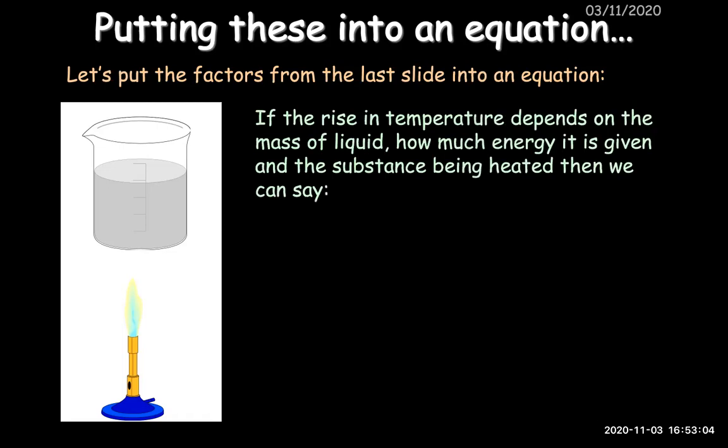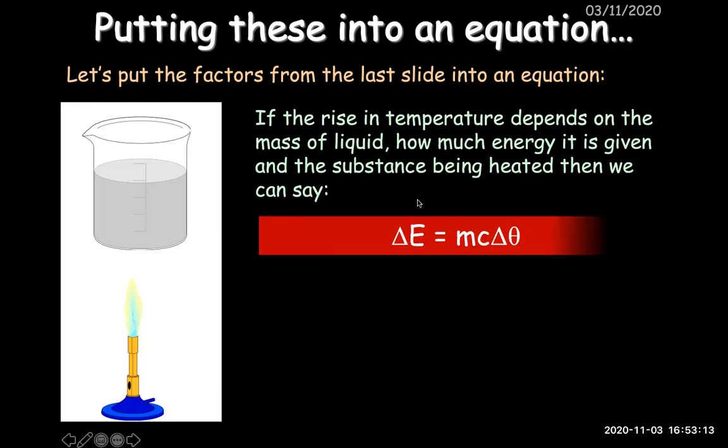Because if the rise of temperature depends upon the mass of the liquid, how much energy is given to the substance, how long it's being given for, and the substance itself, then the amount of energy required to raise something's temperature is its mass, m, times this thing called specific heat capacity, which is specific to the substance itself, times the increase in temperature, so that's how much it gets heated by. Now, that might not jump out at you so clearly, but we've got the Bunsen burner, we've got the amount of water, and we've got how much it will raise it by.